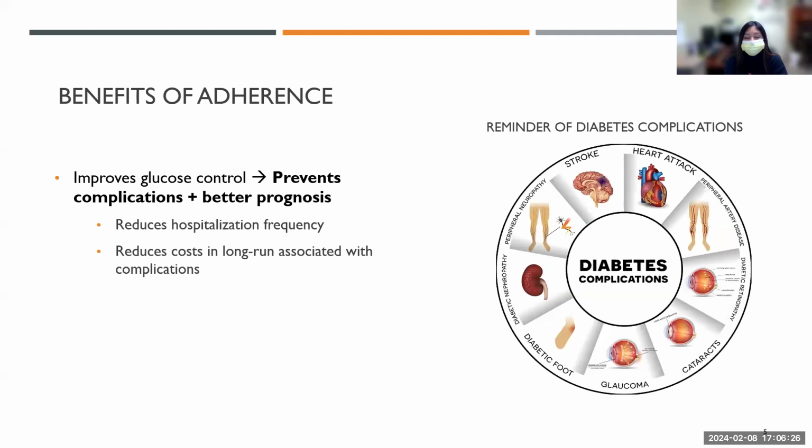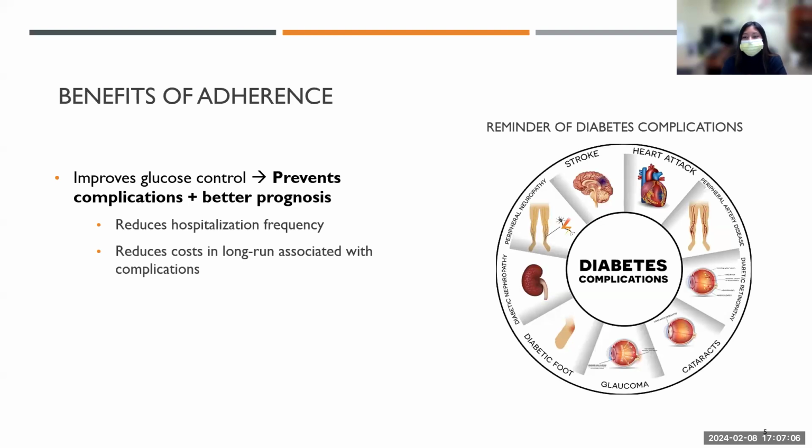And so we know that through these trials, these improvements in our sugar in our body lead to the prevention of complications down the line, prevent diabetes progression, and lead to a better prognosis in your health. The studies have shown that taking medications every day as prescribed, or however they are prescribed, reduces your hospitalization frequency, so the amount of times you are hospitalized. And also, it actually saves you money in the long run. So it's going to reduce costs in the long run associated with these complications.